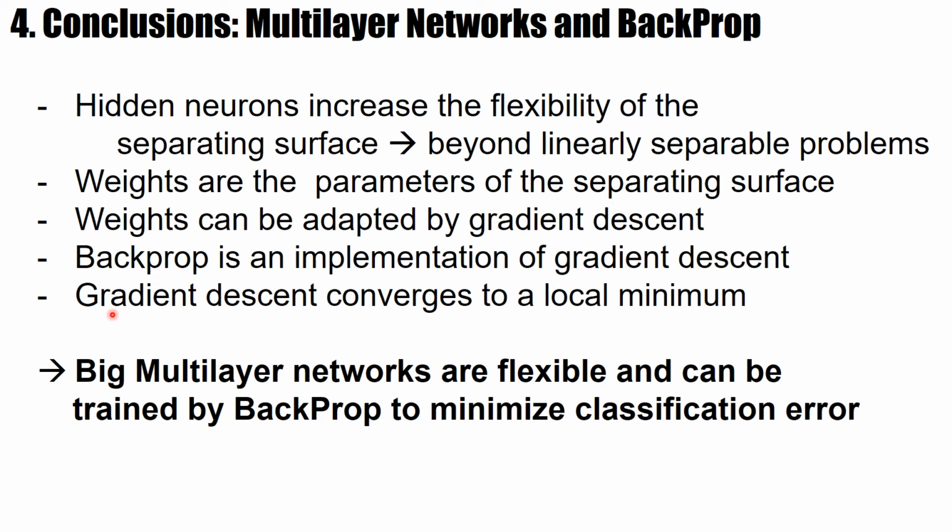And then backprop, like all gradient descent algorithms, converge to a local minimum, not necessarily the global one. So, big networks, deep networks, are flexible tools that can be shaped to become adaptive to different tasks, and they can be trained by backprop so as to minimize the classification error.